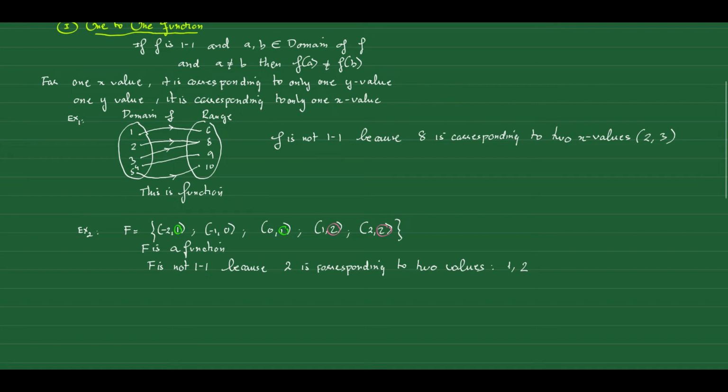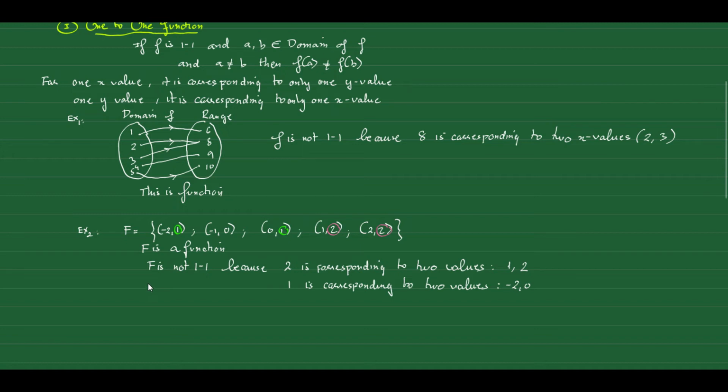So I can say that because 1 corresponds to 2 values, -2 and 0, even though it's a function, it is not a 1-to-1 function, and because it's not 1-to-1, this function over here has no inverse.